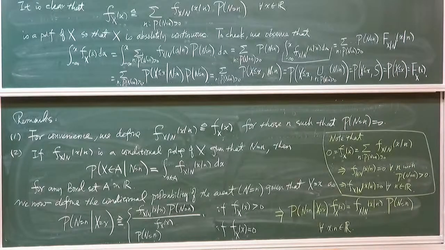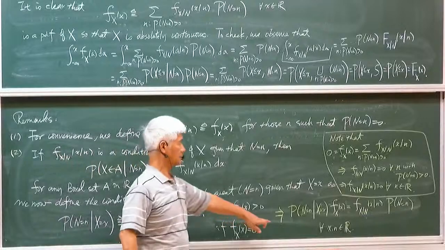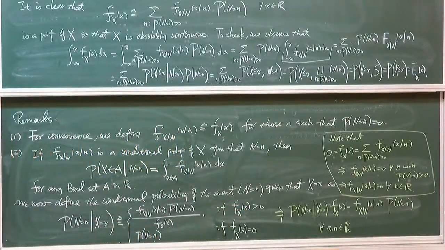So we can replace this, because of the identity here. Now this probability is independent of x.